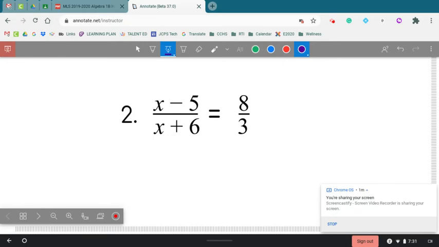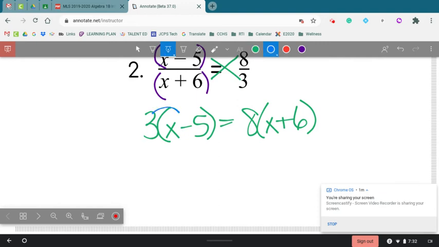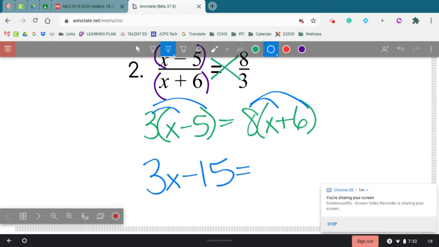Number 2, we're going to do parentheses again, and then we're going to cross multiply. So we're going to do 3 times x minus 5 equals, then we do 8 times x plus 6. The next step is to distribute. We do 3x minus 15 equals 8x plus 48.